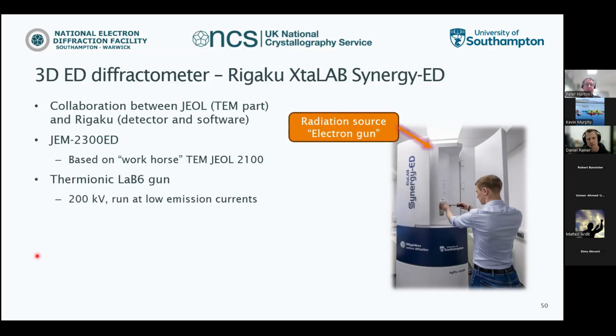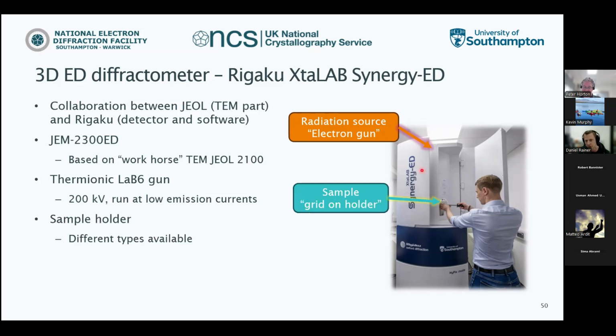So what we have at the top here is the electron gun. We have a LaB6 gun, so lanthanum hexaboride, and we run this typically at 200 kV and at very low emission currents. Stronger emission currents are only necessary to get good images. For diffraction, we can go lower, and this is obviously to protect the samples more.